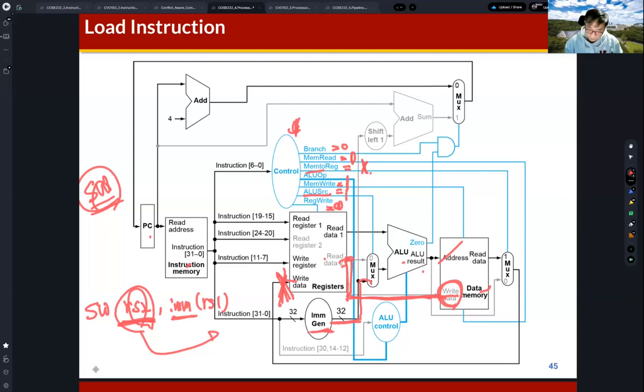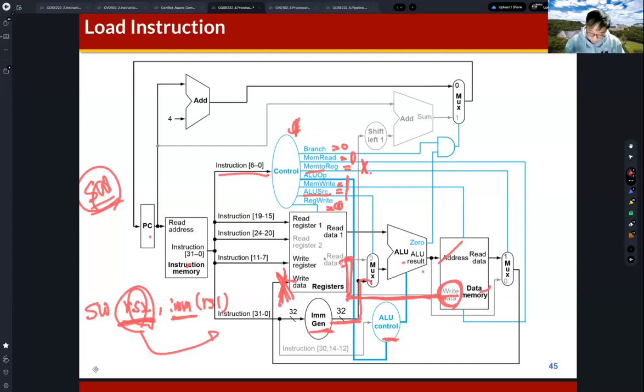Most control signals can be determined by the opcode, which is bits 6 down to 0 of an instruction. The main control unit generates most control signals using the opcode. To generate the ALU control signal, we also need to check the funct7 or funct3 fields of an instruction.